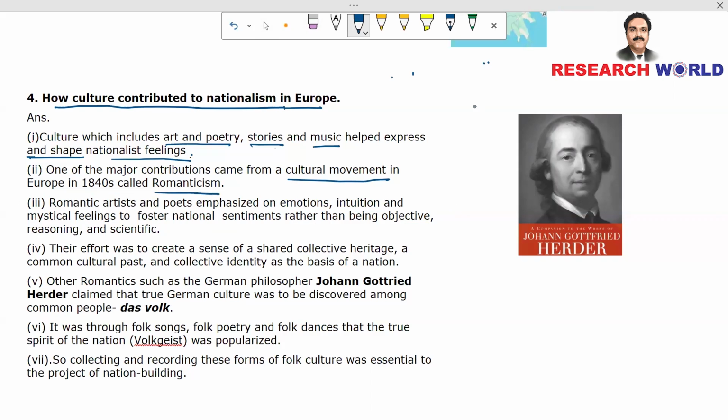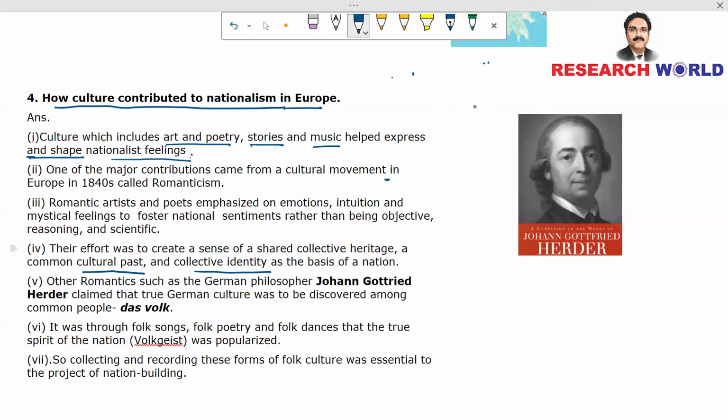So this is all about romanticism. This kind of idea spread in Europe in the 1840s. Now, why did they ask people to do this? Their effort was to create a sense of shared collective heritage. Say, for example, if you consider Germany as a homeland, then all of us should have a collective heritage. We all come from the same culture. A common cultural past is there, and there is a collective identity.